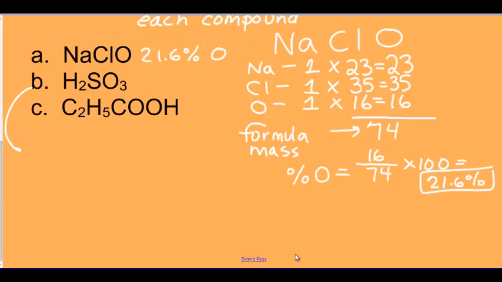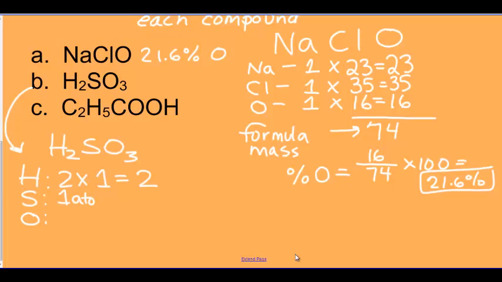All right, letter B I'll do down here. We have H2SO3. So we have H, we have S, we have O. There are 2 atoms of H, each with a mass of 1, 1 atom of sulfur with a mass of 32, and 3 atoms of oxygen, each with a mass of 16.